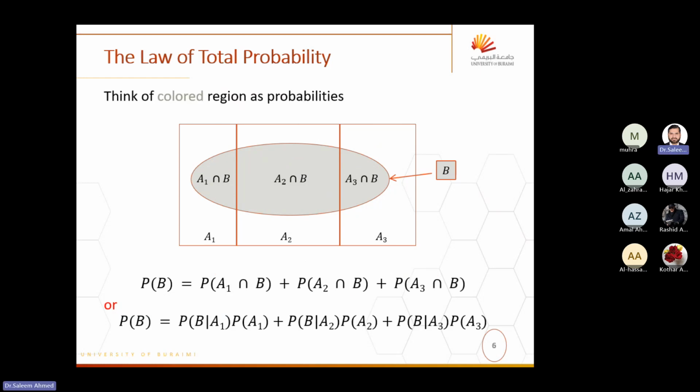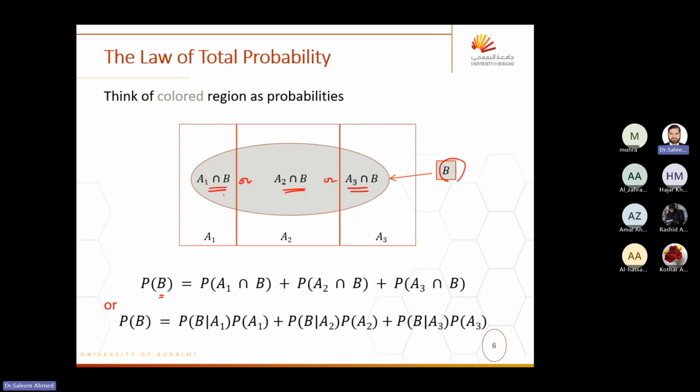We want to basically use the addition law of probability. So if I want to find the probability of B, it is the union of all these: this event or this event or this event. Whenever B occurs, one of these events will definitely occur, right?